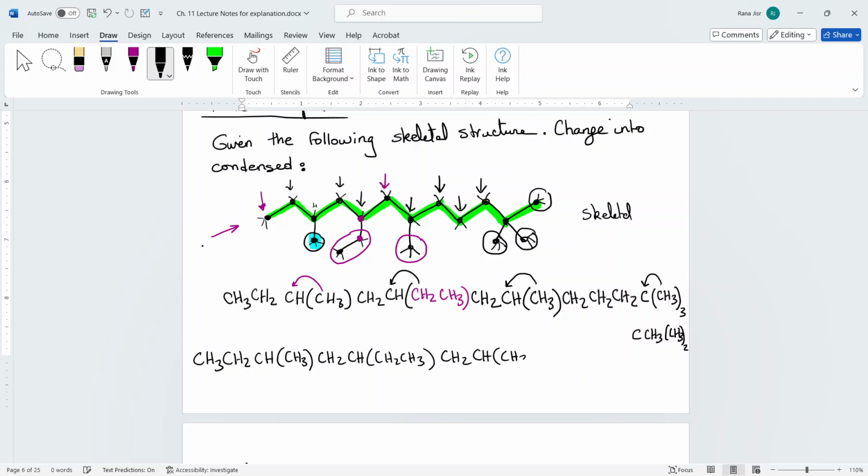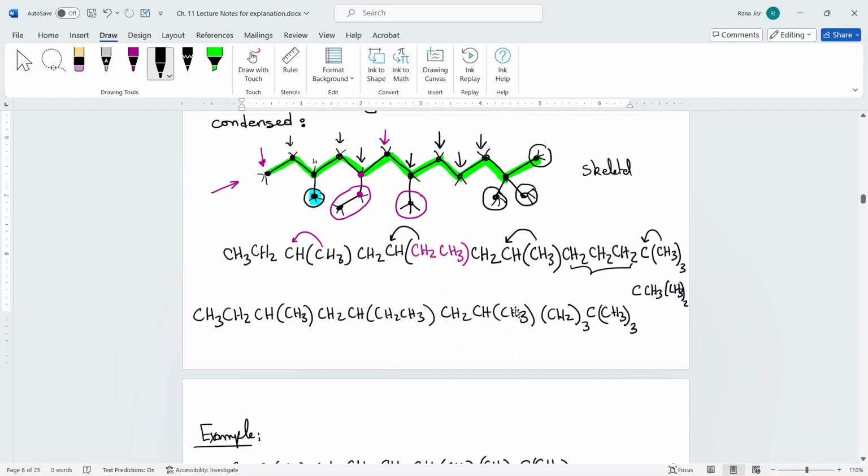This is a CH3. Now I'm going to open the parentheses since I am condensing them and put those 3 CH2s all the way together like that. And then I have a carbon with the CH3s. I always like to put the groups that are the same in parentheses and put them together.